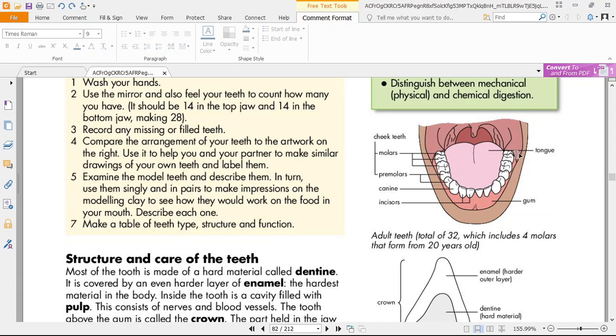If you notice, coming from the back to the front, the molars at the back are flat, and the premolars are not so flat, but they're getting to become flat, because the molars and the premolars function as crushers, while the canine tears the food, and the incisors, which look like a chisel or a knife edge, are used to chop the food. The canine tears the food while the premolar and the molar crush the food.